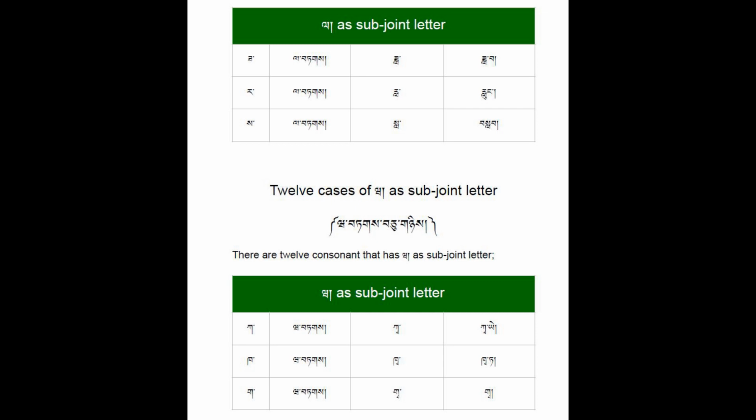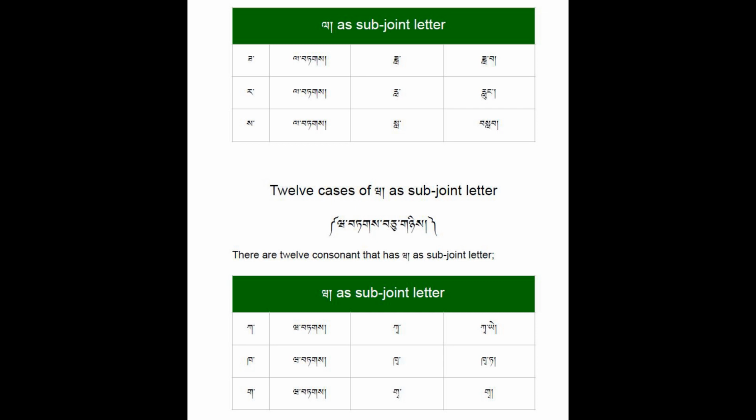And if we don't have this particular subjoin letter, it becomes very confusing. So therefore, we use this particular subjoin letter to increase the variation in the spelling of the words which are of the same sound. So in these cases, you may see that the sound are not changed.